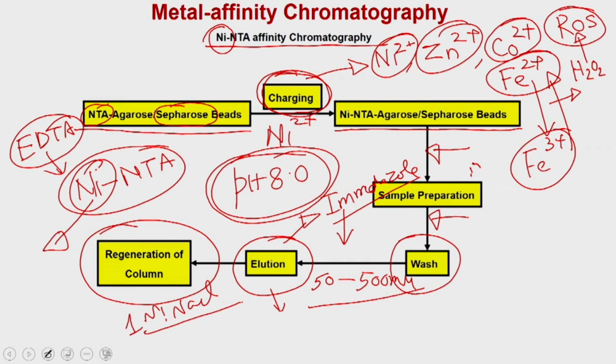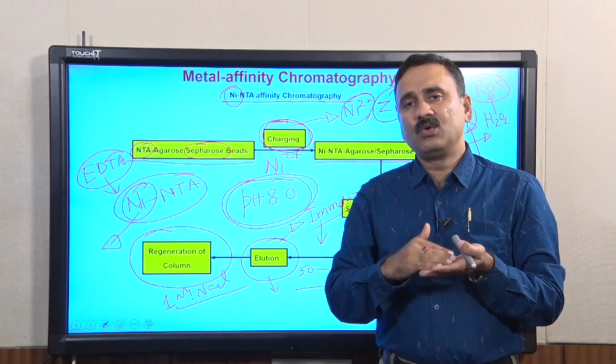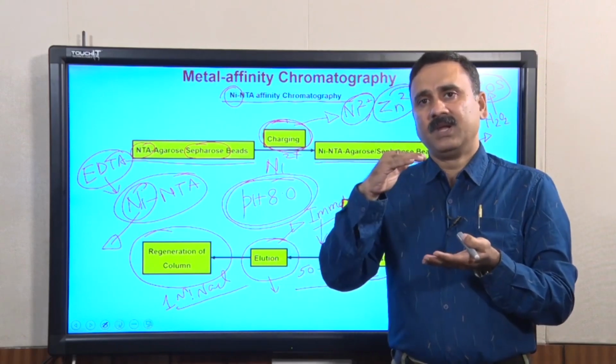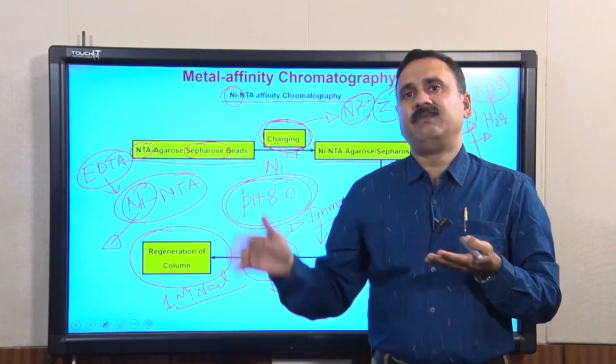Since we are doing the charging step, in which you are loading the nickel onto the beads, you also need to perform the stripping step, because even though the nickel is present on the matrix, sometimes its binding efficiency gets compromised, or the amount of nickel bound is reduced with every purification cycle.